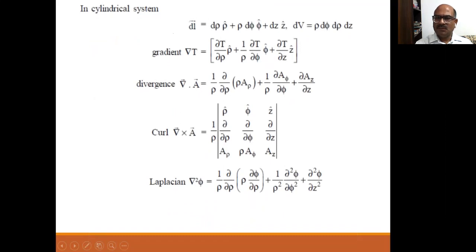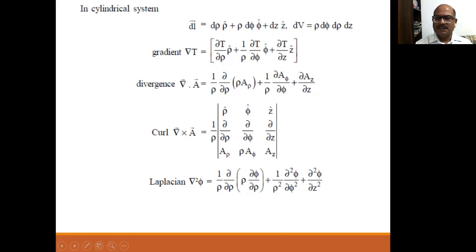In cylindrical system also, this is the length element in cylindrical system, d rho rho cap plus rho d phi phi cap plus dz z cap. And the small volume element is rho d phi d rho dz. Now the gradient in cylindrical system is del T is del T by del rho rho cap, 1 by rho del T by del phi phi cap plus del T by del z z cap.